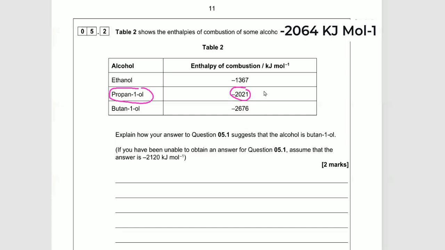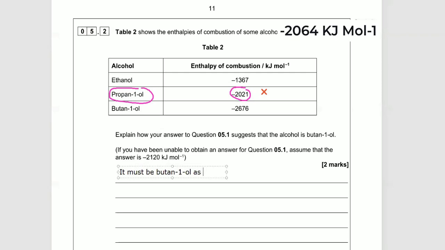Well, actually, that would be incorrect. And the reason is when you do calorimetry, you will always get an undervaluation. Your answer will be less exothermic than it should be. So although we got minus 2064, it should actually have been a bigger number than minus 2064, like minus 2400 or something like that. Or in this case, butan-1-ol, which is the likely answer, minus 2676.